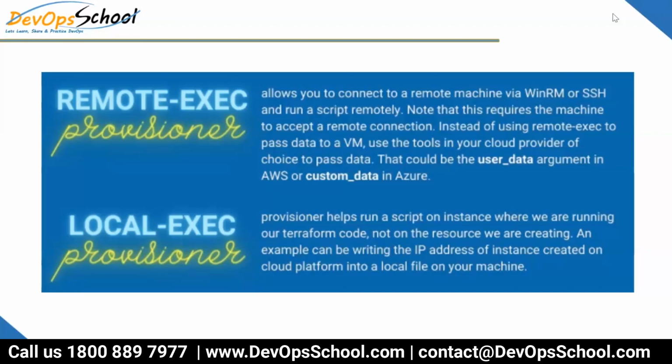Last time you created VMs in Azure, right? You sent that request from your laptop. So if you want to run commands or a script on your laptop, use local-exec. If you want to run commands or a script in the VM created on Azure, AWS, or Google Cloud, use the remote-exec provisioner. Are you understanding, all of you?